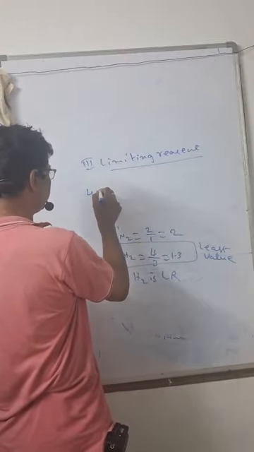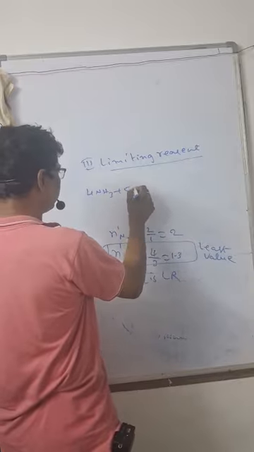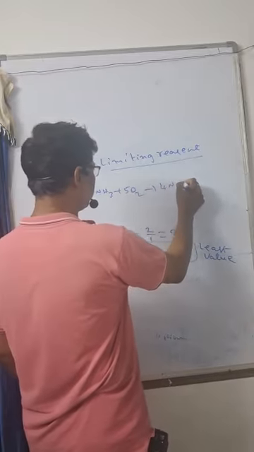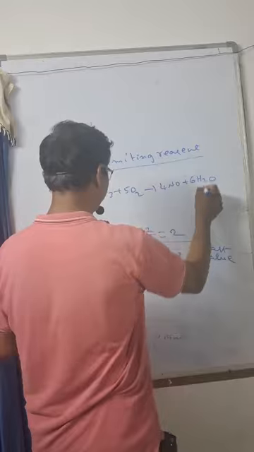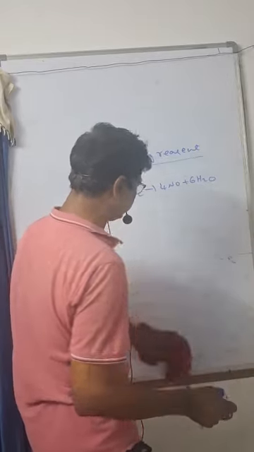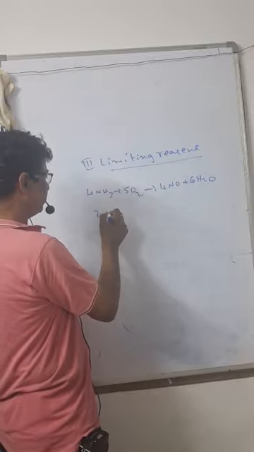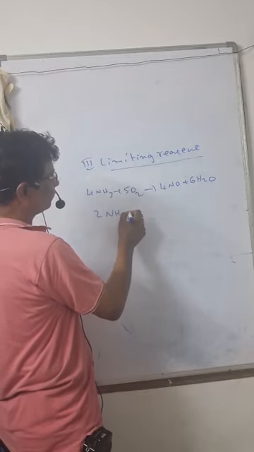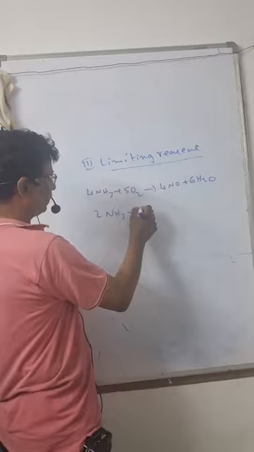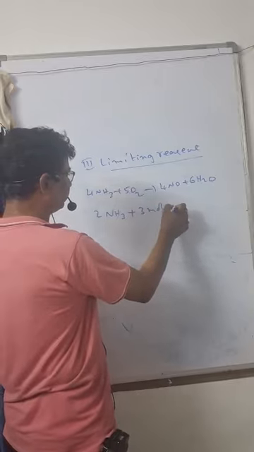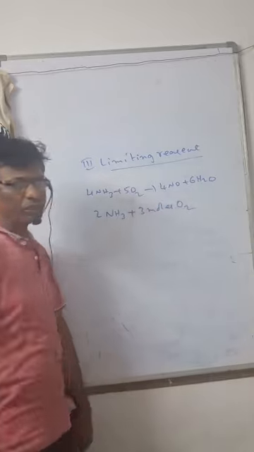I take this equation: 4NH3 plus 5O2 gives 4NO plus 6H2O. Suppose 2 moles of ammonia is mixed with 3 moles of oxygen. What is the limiting reagent?